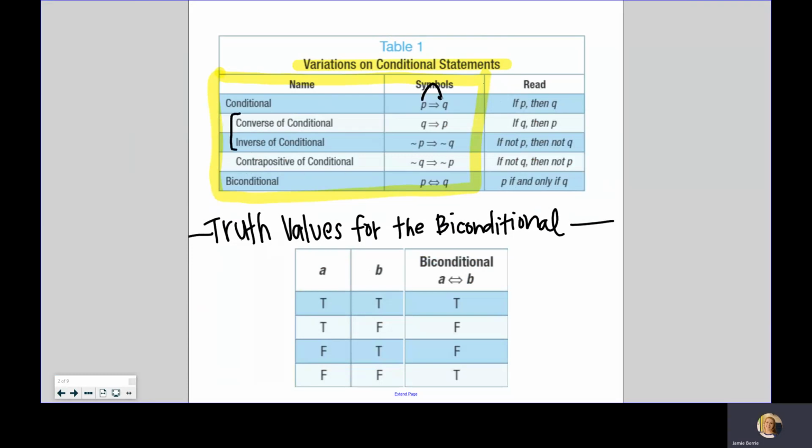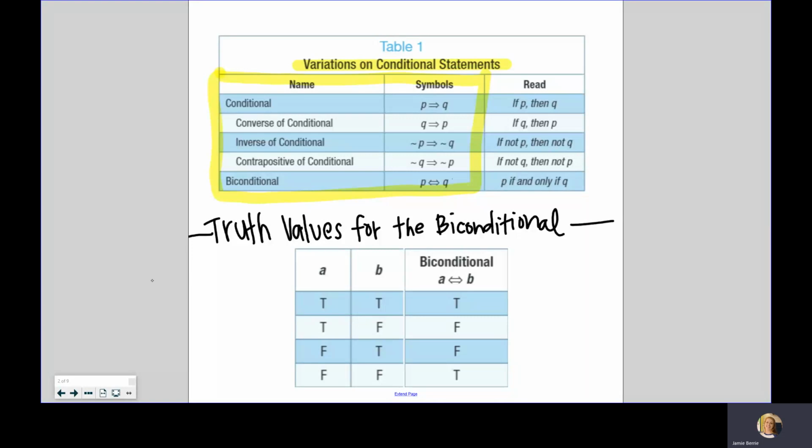You switch the order around, so Q comes first, P comes second, and you negate both sides. So we have if not Q, then not P. And then the last, we have the biconditional, which, like I said, is just the same as the conditional, but it goes both ways. So if P, then Q, and if Q, then P.